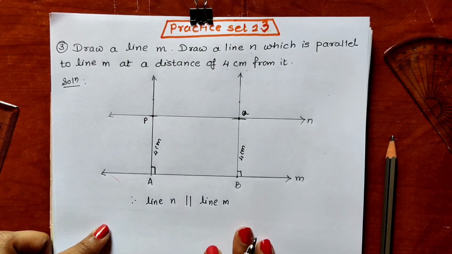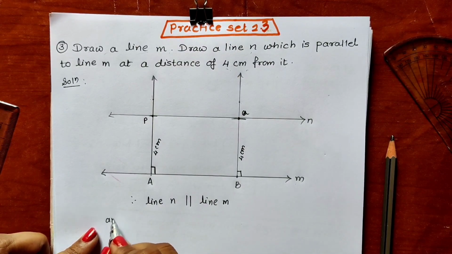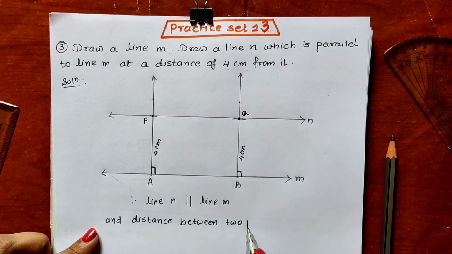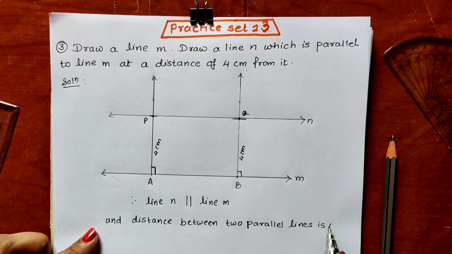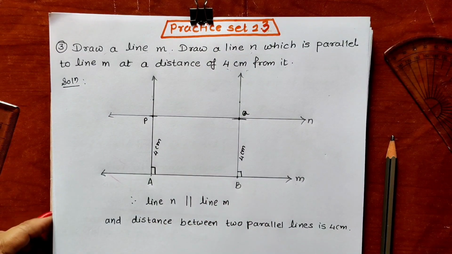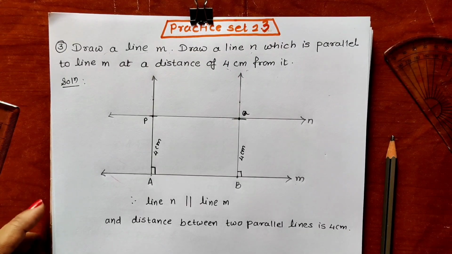Line N is parallel to line M, and the distance between the two parallel lines is 4 centimeter. So in this way, when the distance is given, we can draw parallel lines. So 2.3, all sums are over.